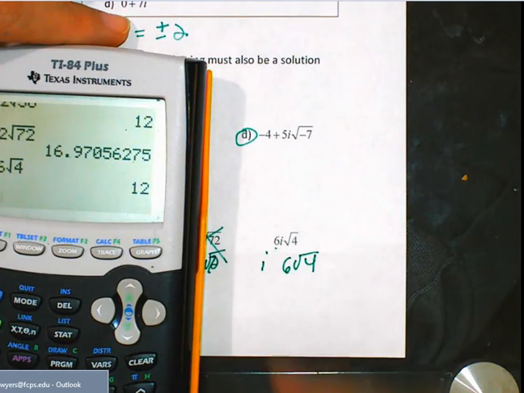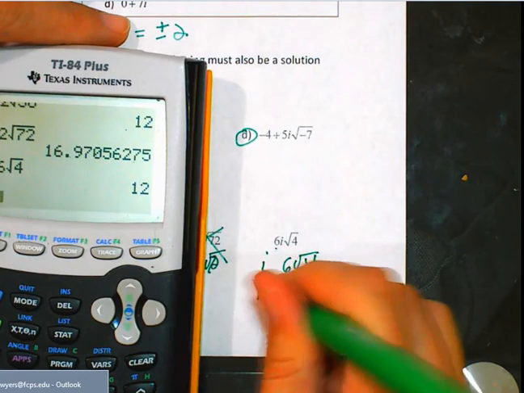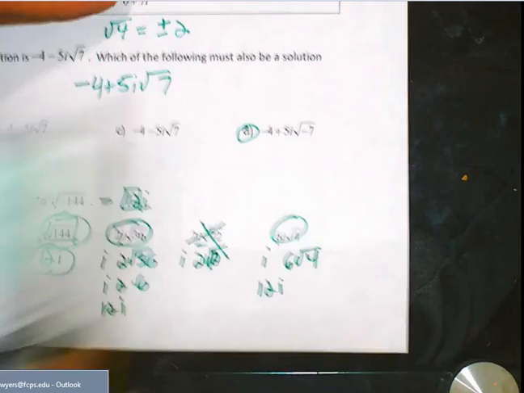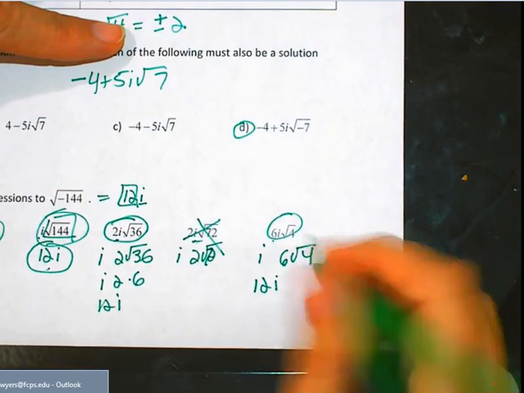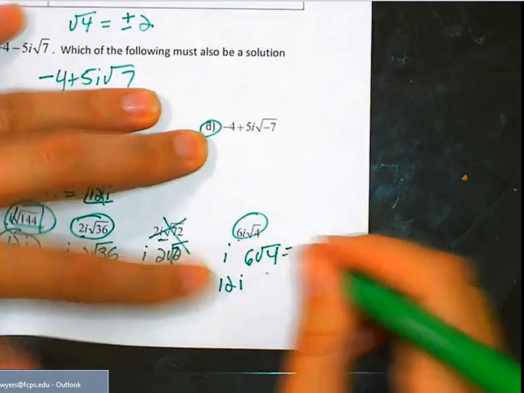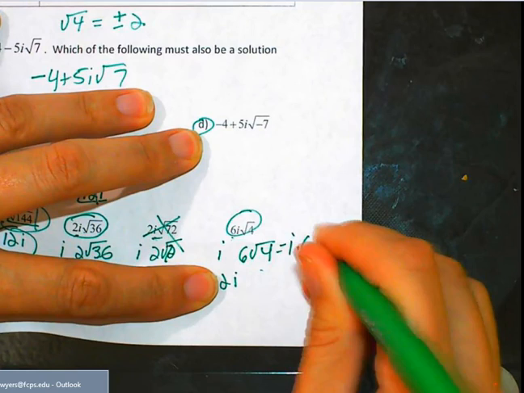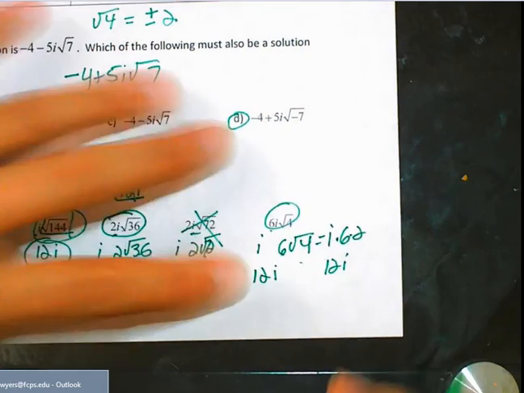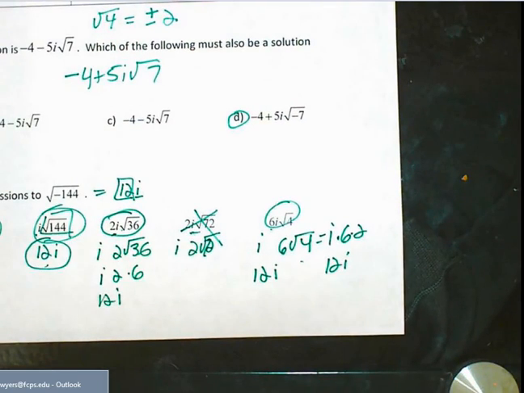It's going to be 12, so that's 12I. We know that works. If you had done it by hand, square root of 4 is 2, so then I would have had I times 6 times 2, which is going to give me 12I as well. So all of those work out. And that's it for this video.